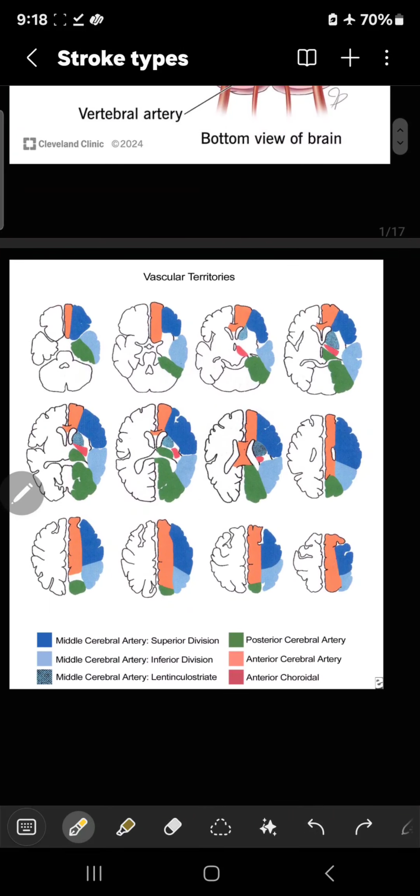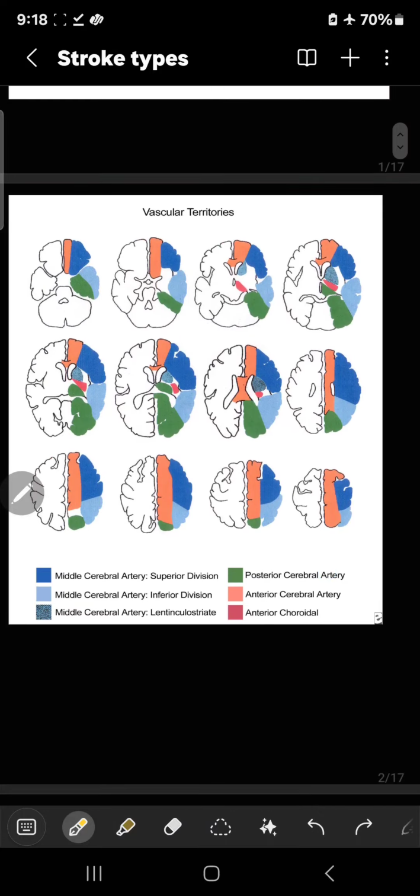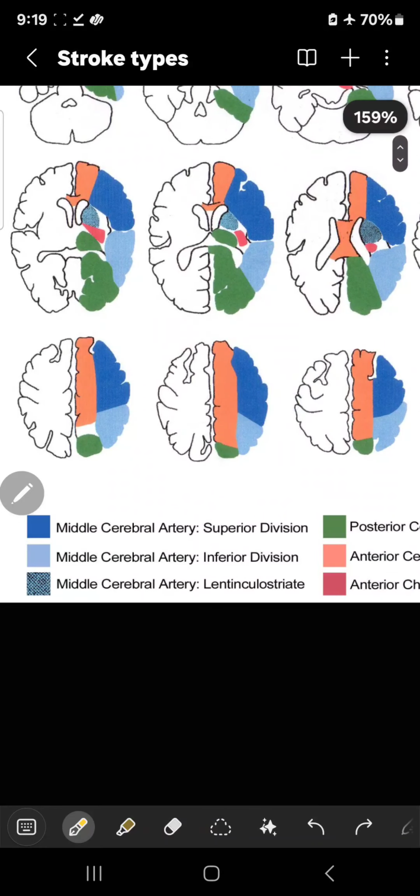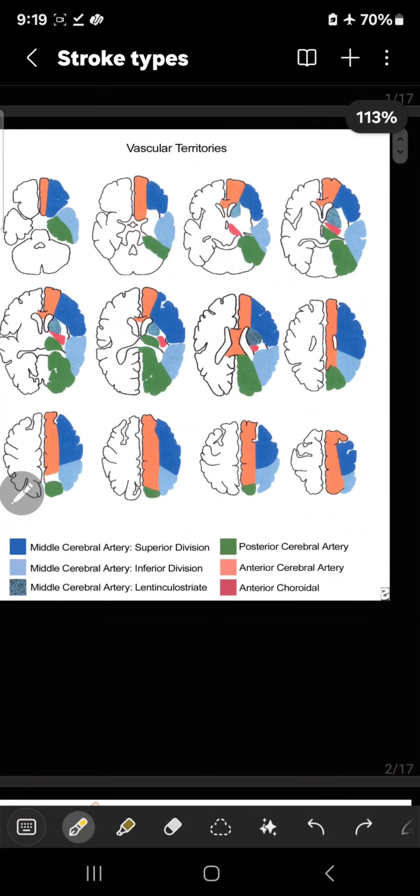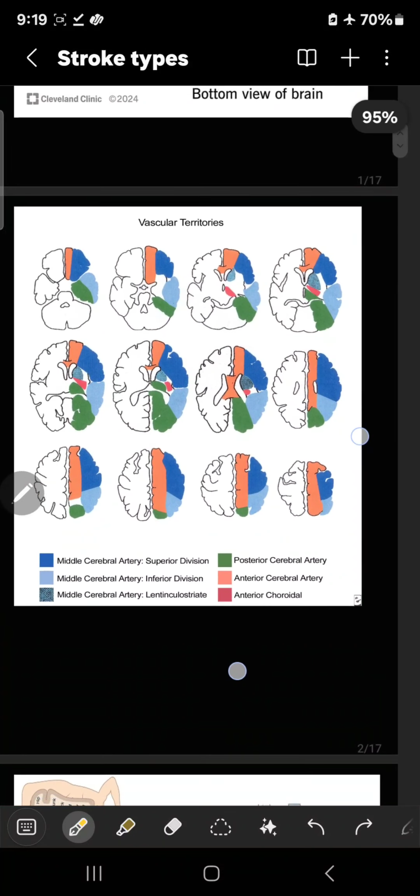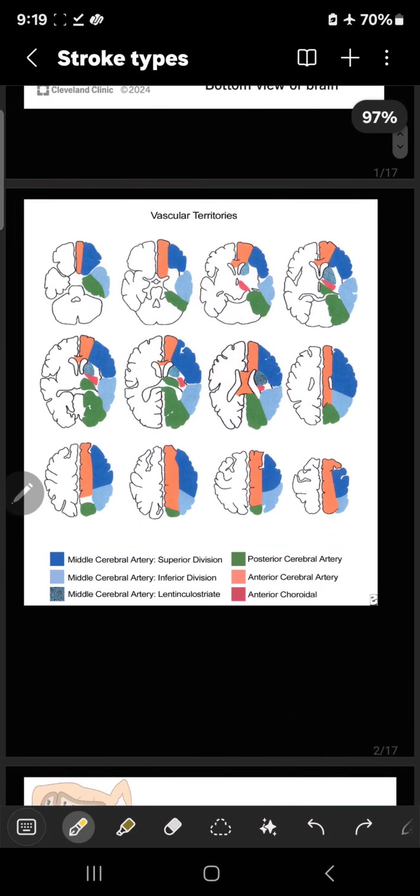vascular territories. Suppose this is a CT scan, which you normally see in the ER department, and here these are the territories. First we will see the anterior cerebral artery. From top to bottom, this orange color is the anterior cerebral artery territory, and it will be supplying this part of the brain.